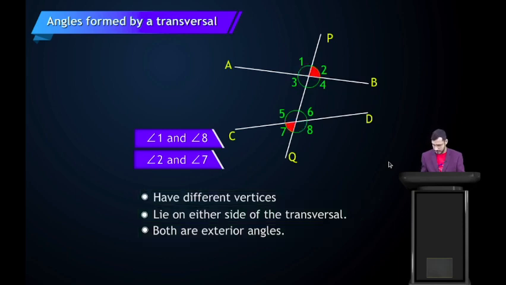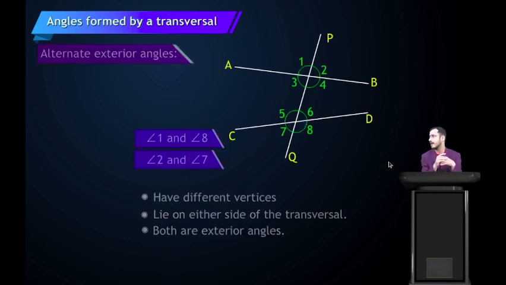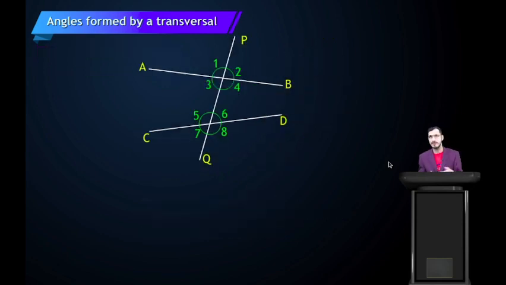You can see in the picture, they are alternate exterior angles. Angle 1 and angle 8 are alternate exterior angles, and angle 2 and angle 7 are alternate exterior angles.